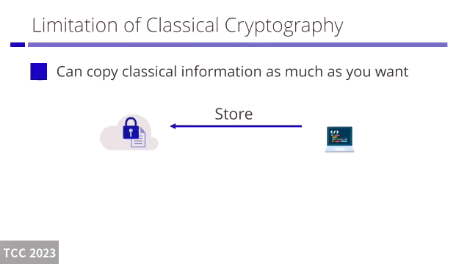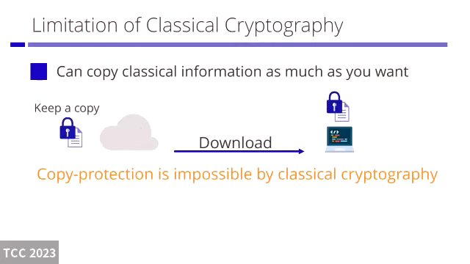Say Alice wants to store her encrypted file on the cloud server. When Alice downloads the encrypted file, the cloud server may keep a copy of it. So it is impossible to prevent copying digital information by using classical cryptography.